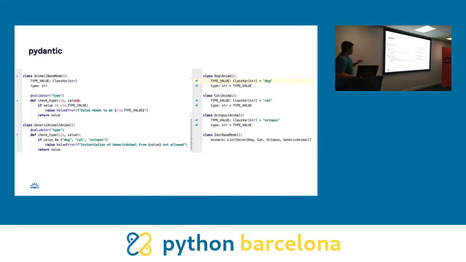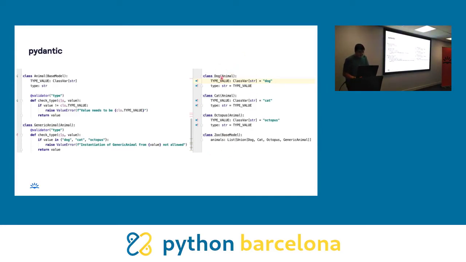What we are going to do is try creating objects and check if the type is valid for each class. So we have a generic animal in case we don't have a class for the animal, and we have those animals.